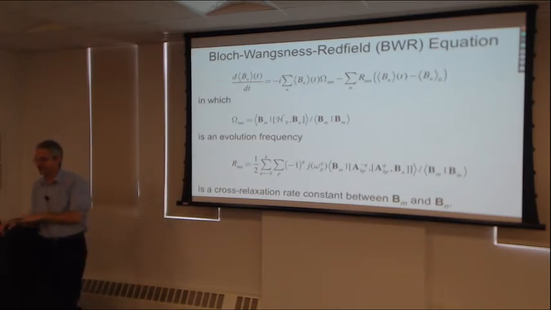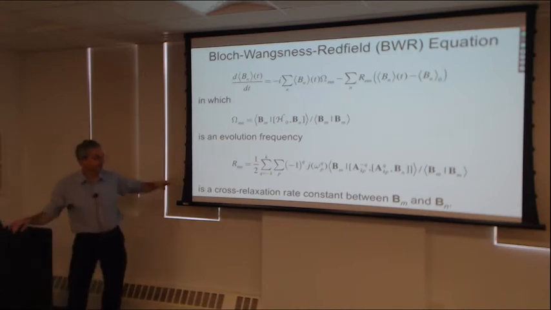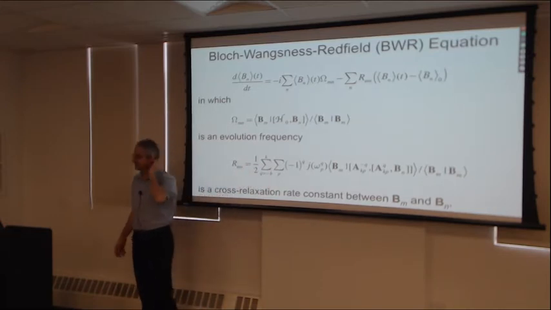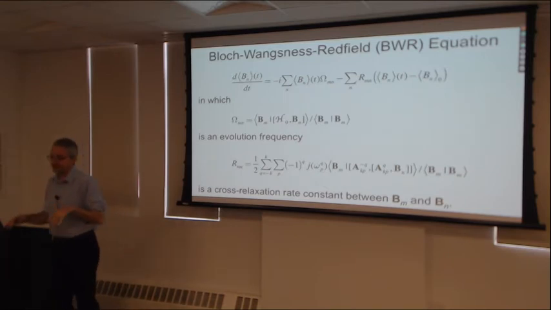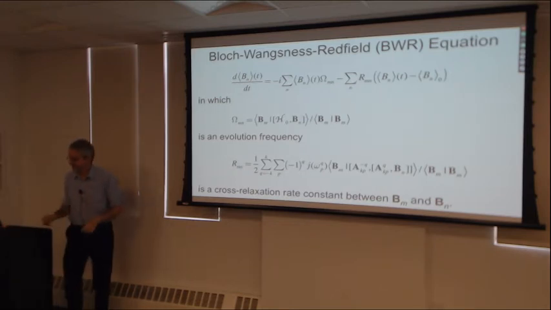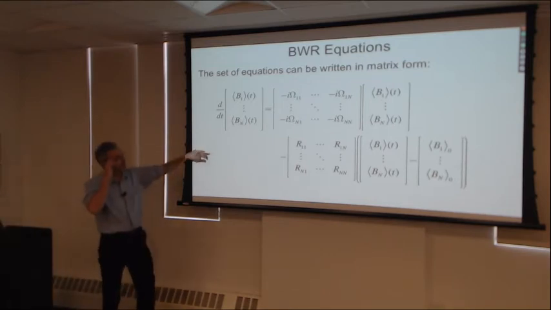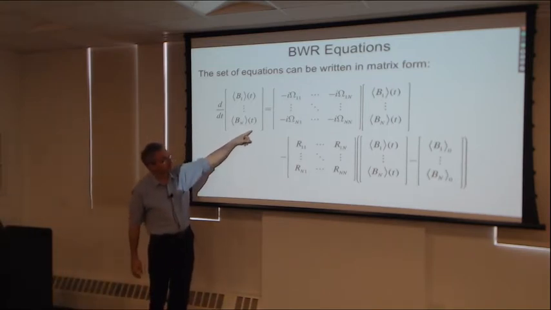representing different coherences. And we remember that when we only have a single sum here over P, this expression applies the secular approximation. So cross-relaxation is only allowed between operators that have the same eigenvalues. And we can write this in matrix form, which is particularly convenient for computer calculations.